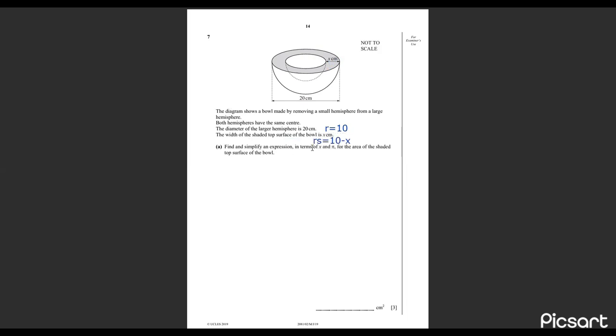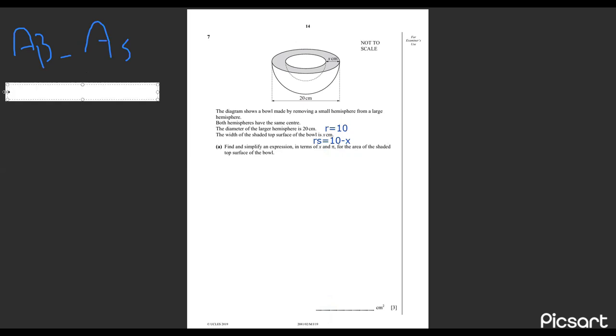And find and simplify an expression in terms of x and pi for the area. So you have to get x and pi in your answer, because it says in terms of x and pi for the area of the shaded part. So for sure it's clear that this will be the area of the big hemisphere minus the area of the small hemisphere. And for the area of the big one, we have a rule, pi r squared. So here it will be pi r squared.